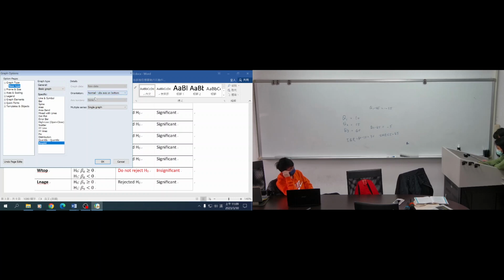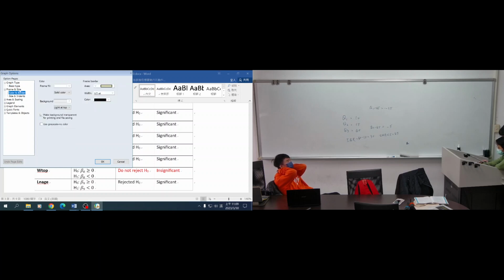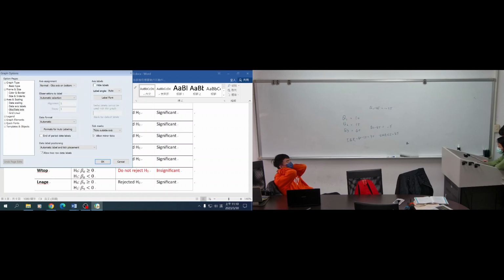How come it shows the residual? I mean PASS. We didn't ask them to do the PASS. How come they show the PASS? Well, this is the place where we show the graph.